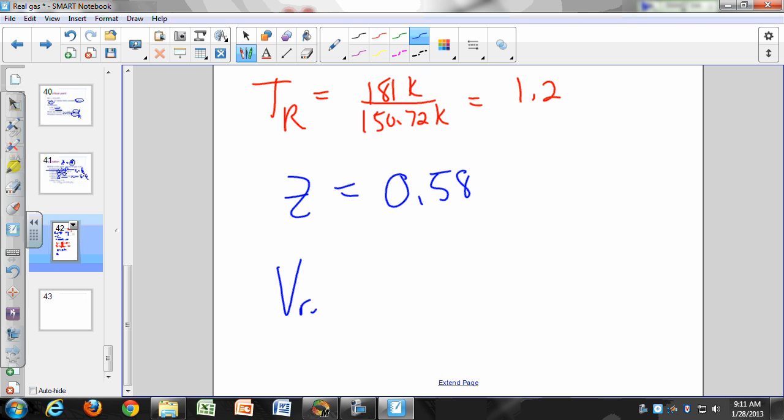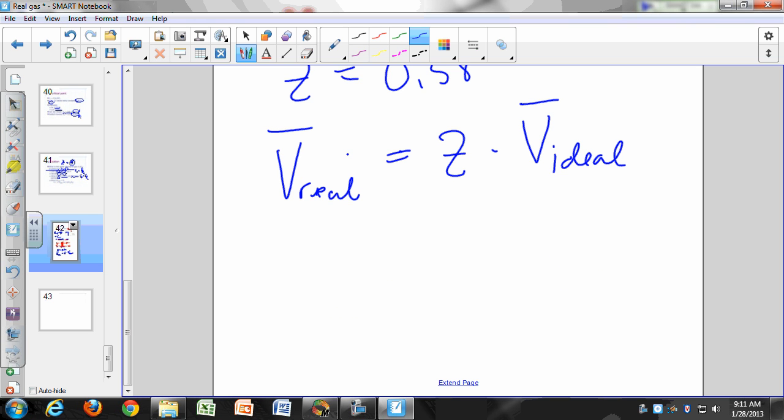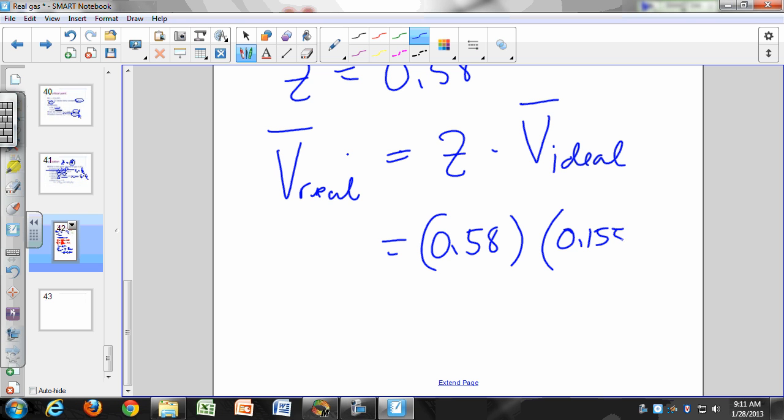So what is our real molar volume? It is Z times the ideal molar volume. So it's going to be 58% of the ideal value, which is 0.155 liters per mole. So that gives you 0.0899 liters.